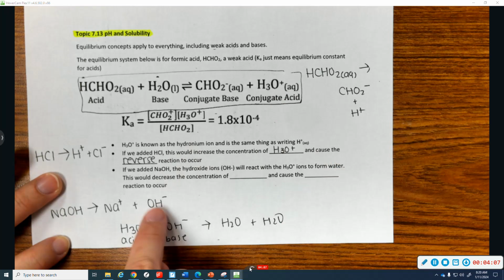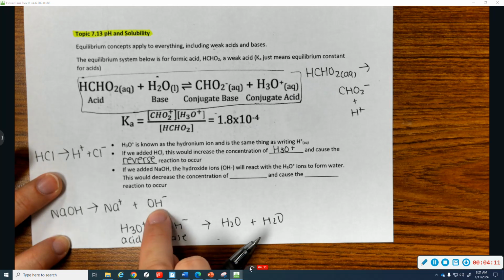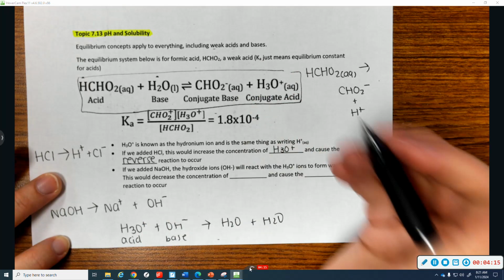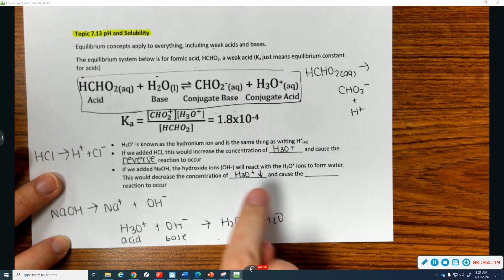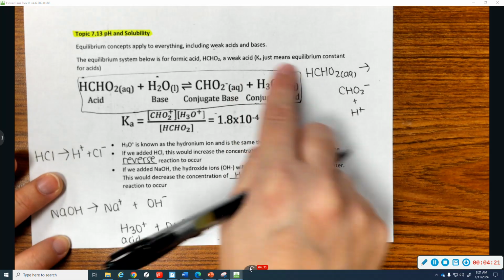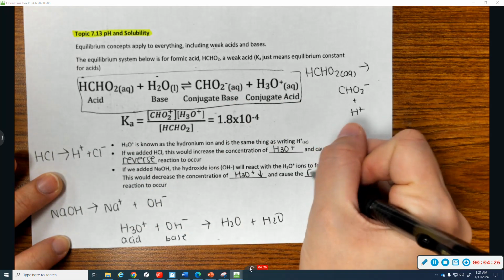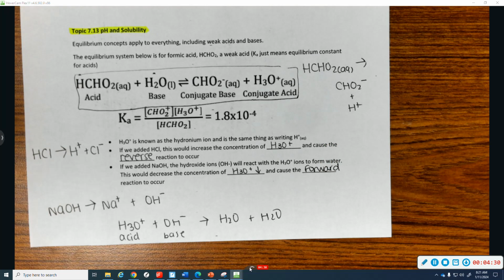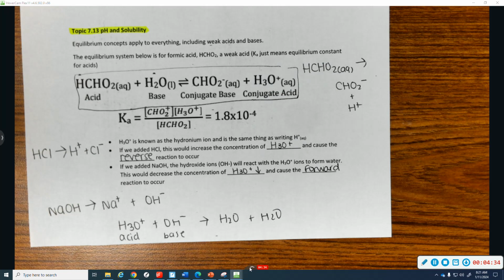So the hydroxide will neutralize the acid, which means the amount of hydronium will decrease. If your hydronium ions decrease, that will cause this forward reaction to happen. You've lost products. So this really fast was just a refresh of acids and bases, how they work.